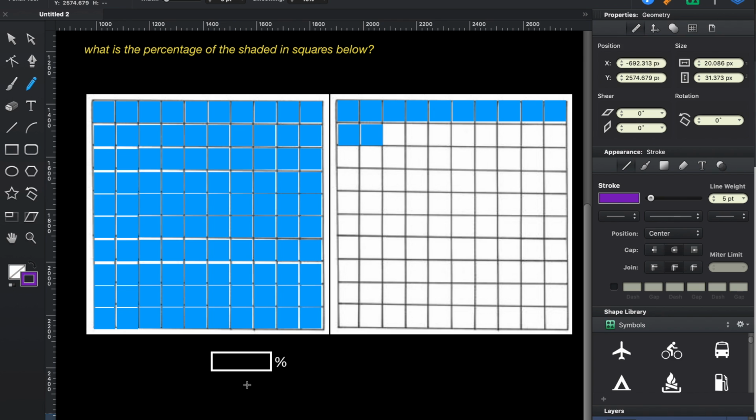One last question. What is the percentage of the shaded in squares below? We have the same thing, but as you can see, we have 2 squares, which means it's going to be over 100.